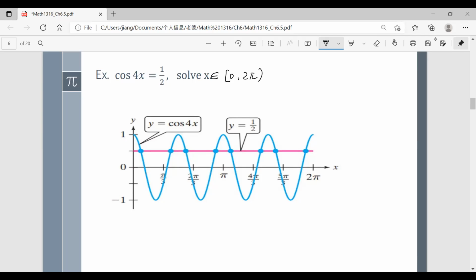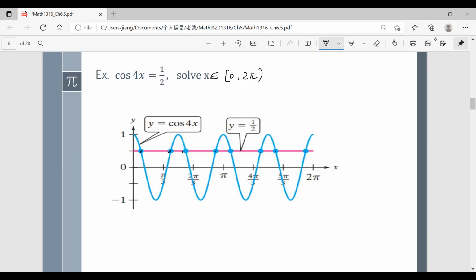If I use a calculator to plot the graph of cosine 4x, the blue curve is cosine 4x, and the pink line is at y equals 1/2. So how many intersections do we have? 1, 2, 3, 4, 5, 6, 7, 8. We have 8 intercepts, so we find all of these x values.